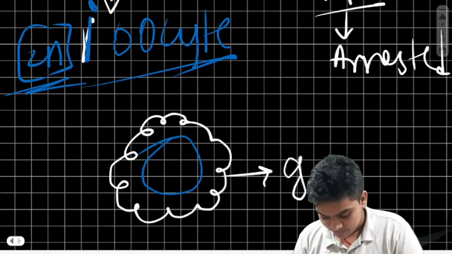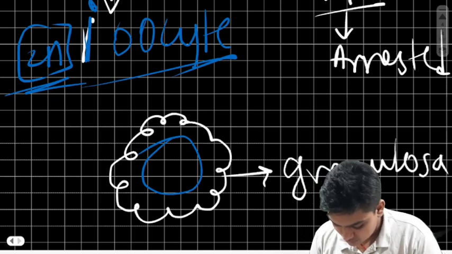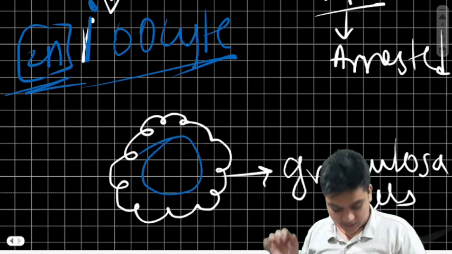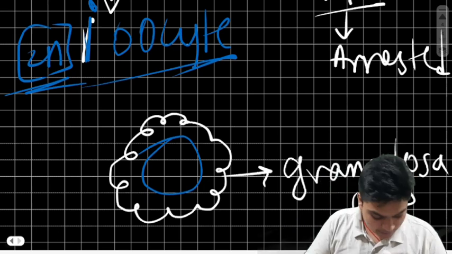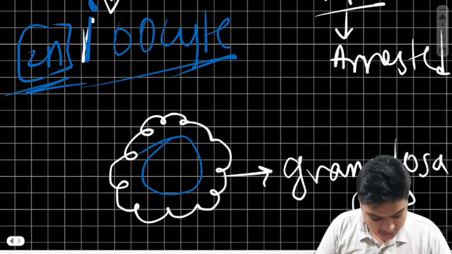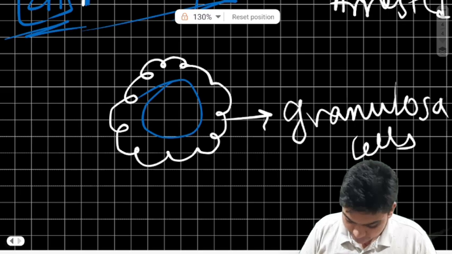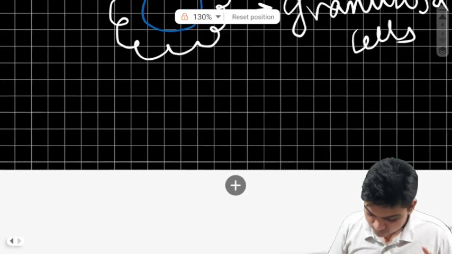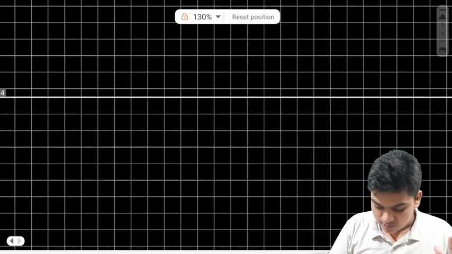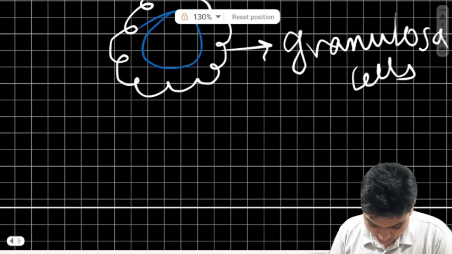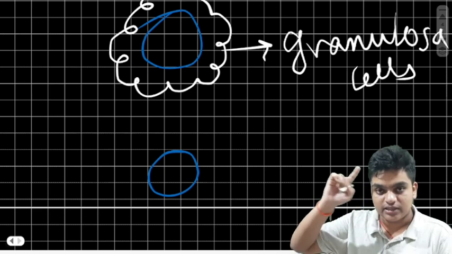While the primary oocyte is converting toward the secondary stage, it develops many granulosa cells. The primary oocyte itself remains the same since it got arrested in prophase 1.